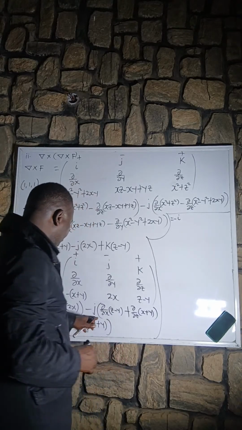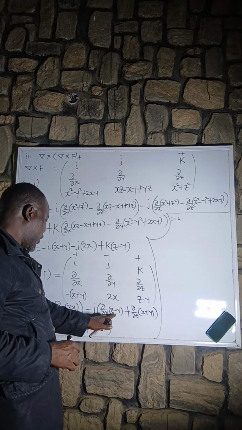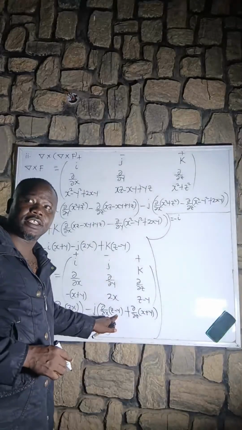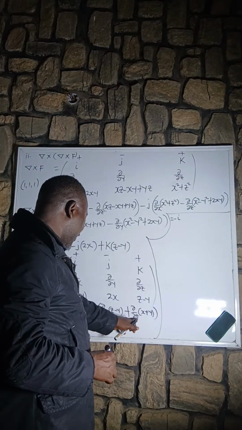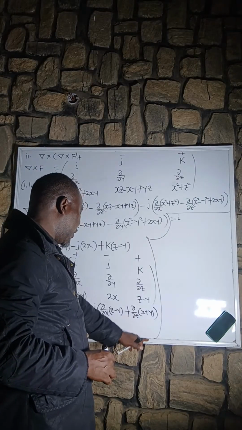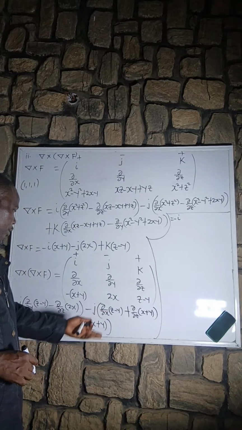Then here, differentiate this partially with respect to x. There's no x here, so here is 0 automatically. Here, differentiate this with respect to z. There's no z here. Here is 0. So the j component is 0.